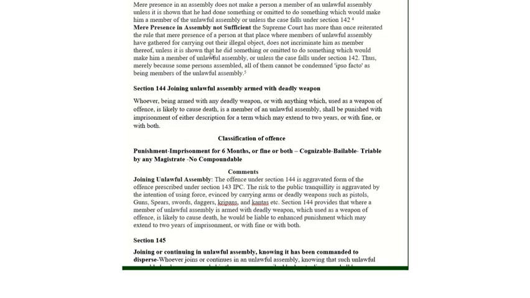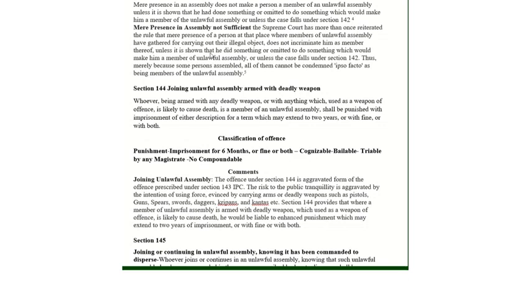Here 3 things are mentioned: 2 years, or fine, or both. It means that he can be punished with imprisonment of 2 years, or with fine, or with both imprisonment and fine.